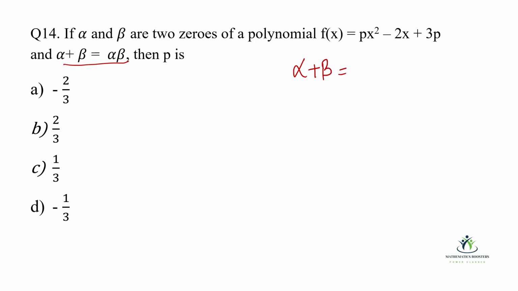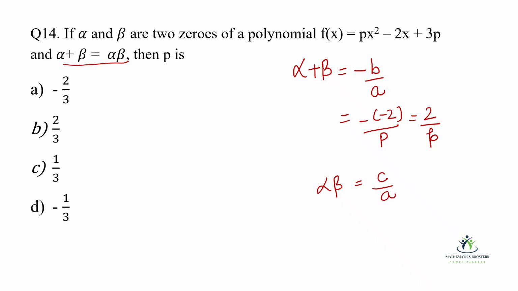Sum of zeros क्या होता है हमारा, negative b by a. यहाँ पर b क्या है, negative of 2, a is p, which means 2 by p, negative negative positive. अल्फा बीटा क्या हो जाएगा हमारा, c by a. यहाँ पर हमारा c क्या है, 3p upon p. This p cancel. Using this equation, given equation, replace 2 by p is equal to 3.